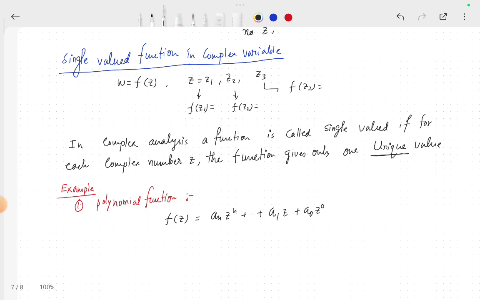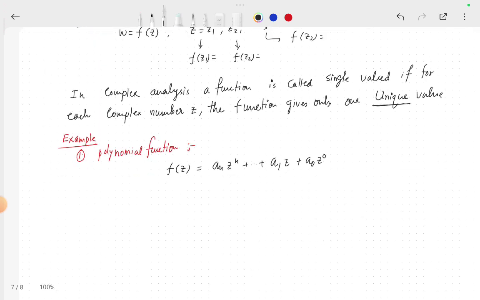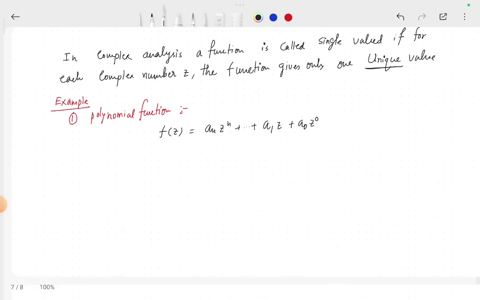So this kind of polynomial function, for example, f of z is equal to z cube minus 2z plus 5.